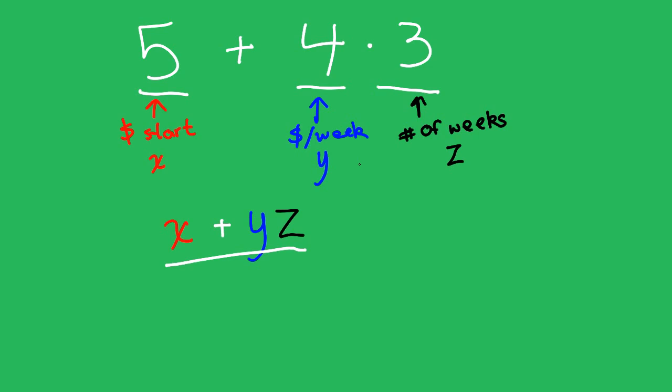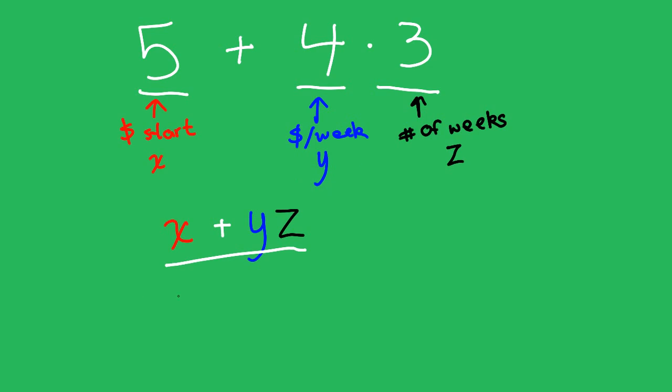But this might not be useful for you. What might be more useful is if you only had one variable and set the other numbers to be constant. So let's say you wanted to show how the amount of money you've saved changes over time, or the number of weeks you've been saving. So then you make z your variable and set the other numbers to be constant to the numbers we had up there.